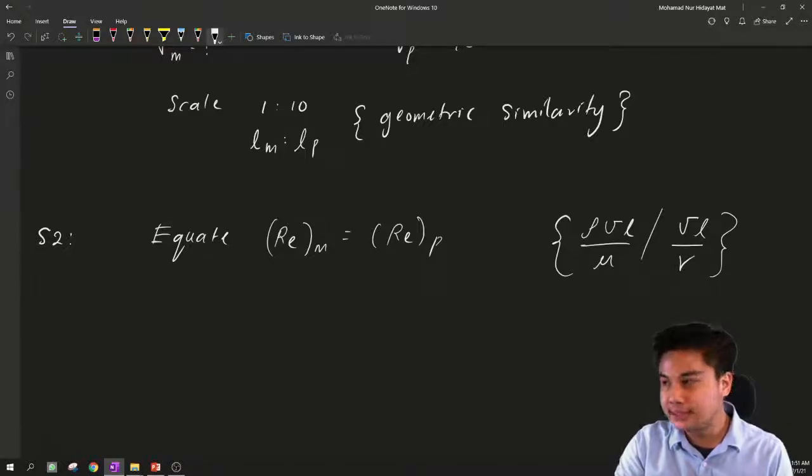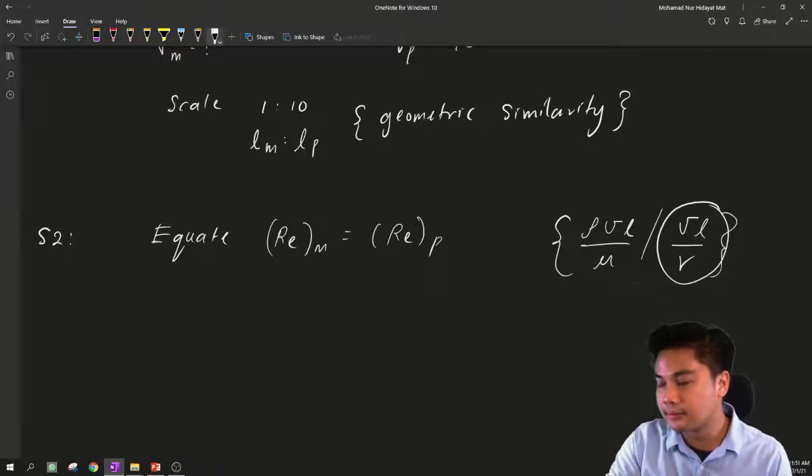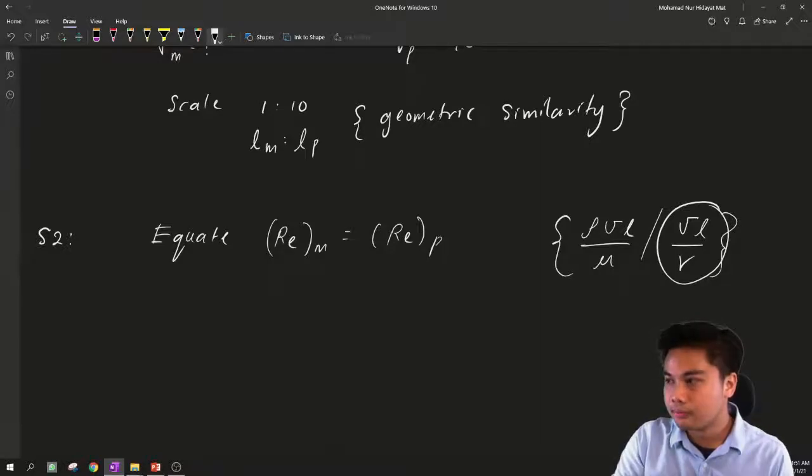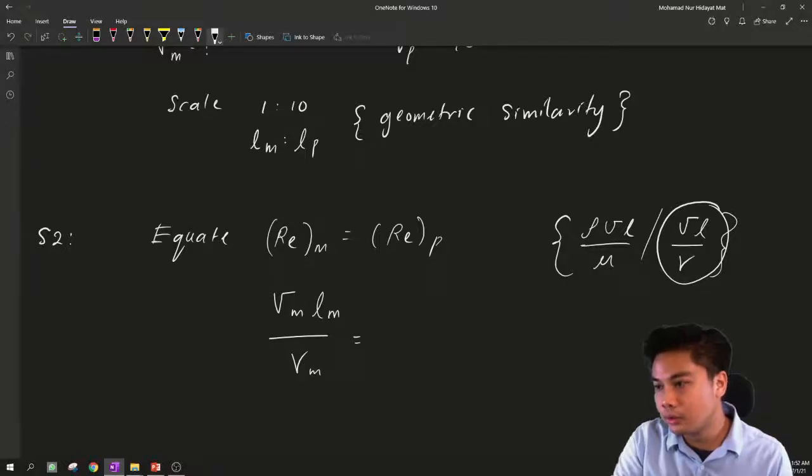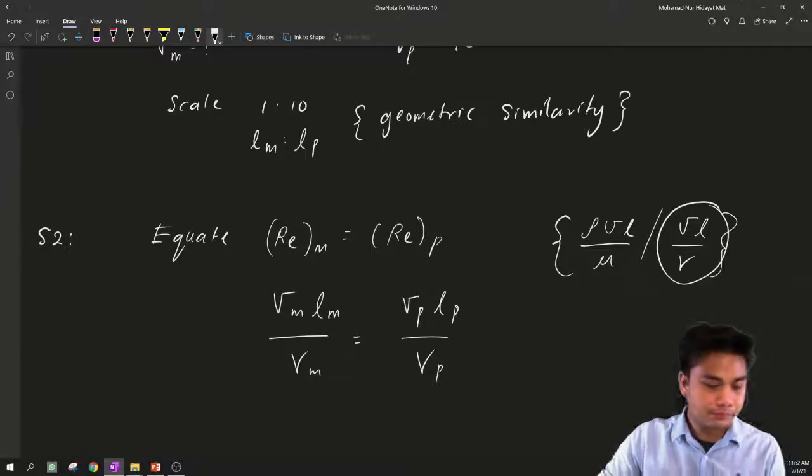For simplicity, we're going to use this term first. So we equate velocity of the model, length of the model over nu of the model, equal to velocity of the prototype, length of the prototype over nu of the prototype.